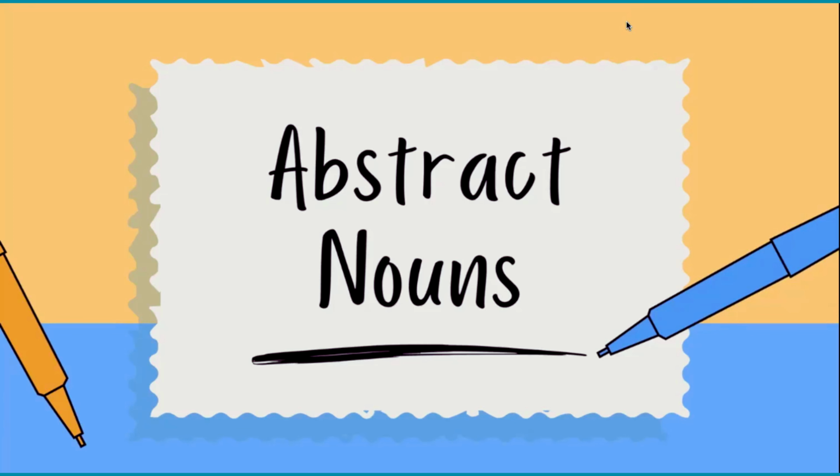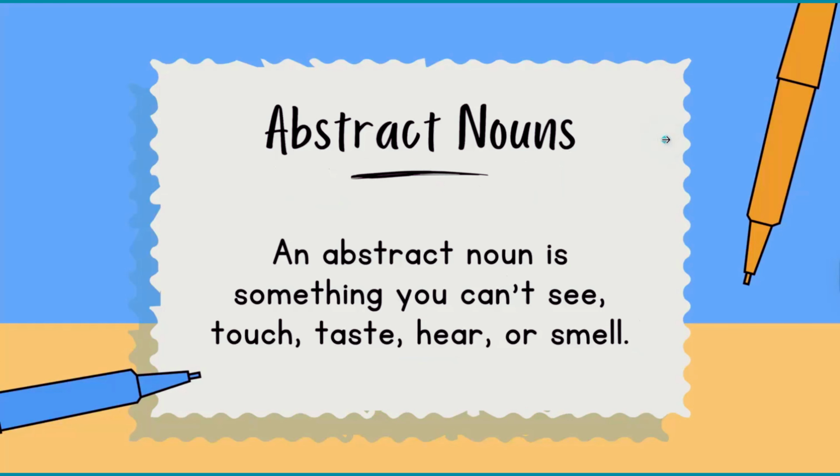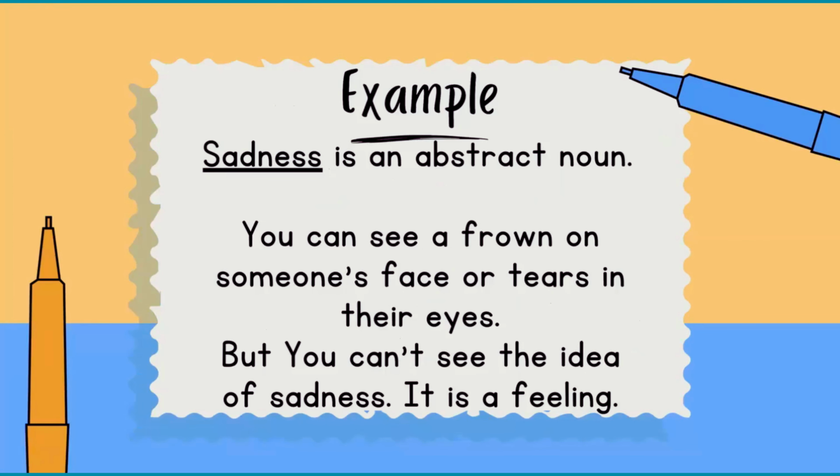With this, next we are moving to the abstract nouns. An abstract noun is something that we cannot see, touch, taste, hear, or smell. They do not take any physical form. For example, sadness is an abstract noun.